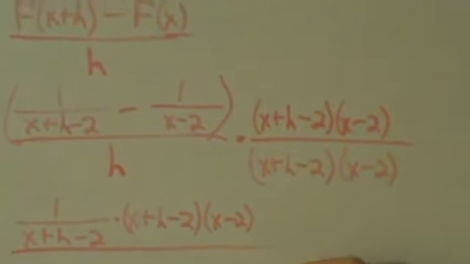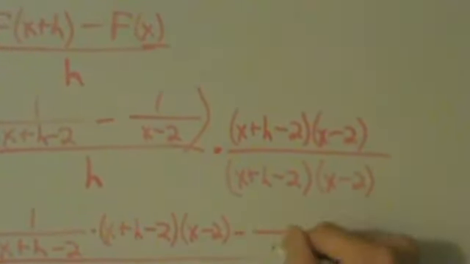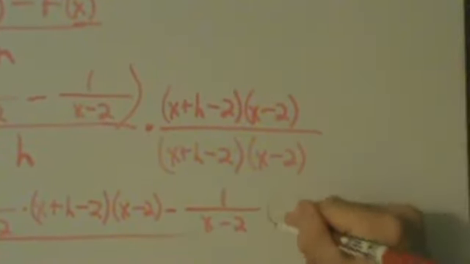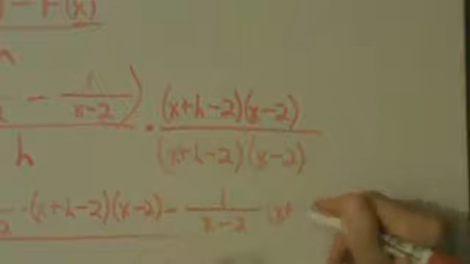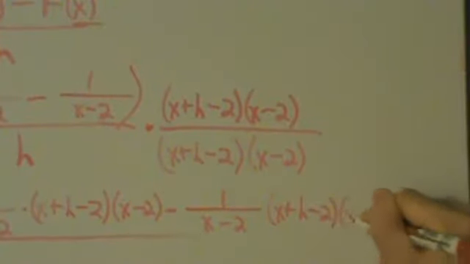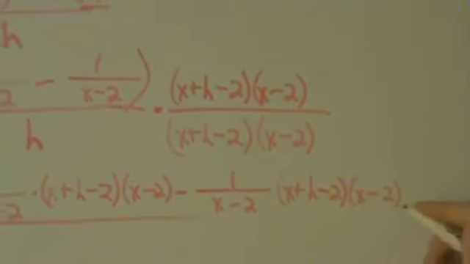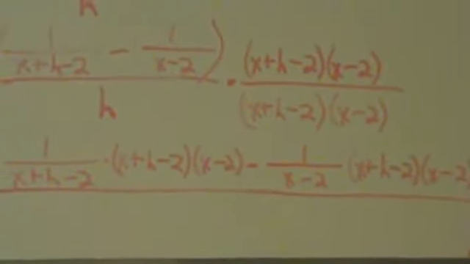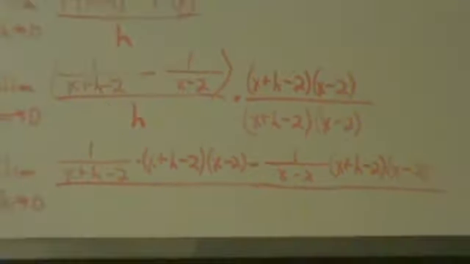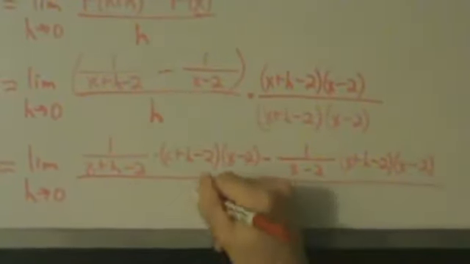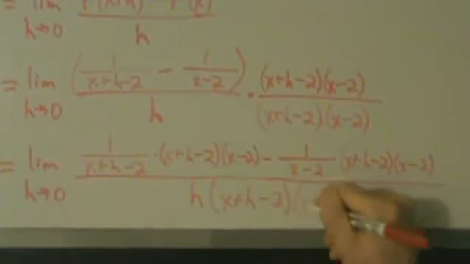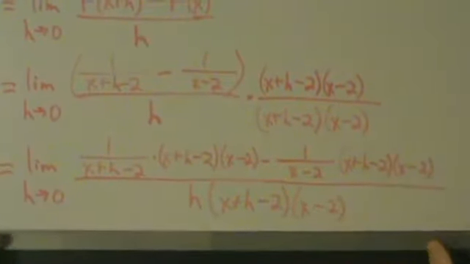And then for the second term we have minus 1 over x minus 2 times both of these guys here, x plus h minus 2 and x minus 2. Alright? And now this whole thing here is being divided by h times x plus h minus 2 times x minus 2.